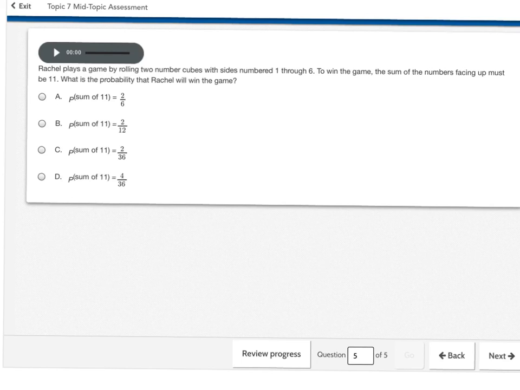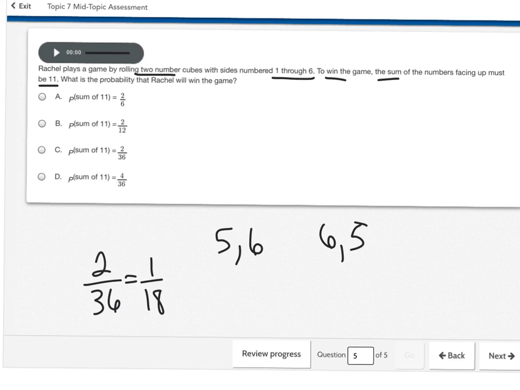The only way we could get a sum of 11 would be if we roll a 5 and a 6, or if we roll a 6 and a 5. If you go back and look at that table in your book, or recreate the table yourself, that's 2 out of 36, or you could reduce that to a 1 out of 18 chance.